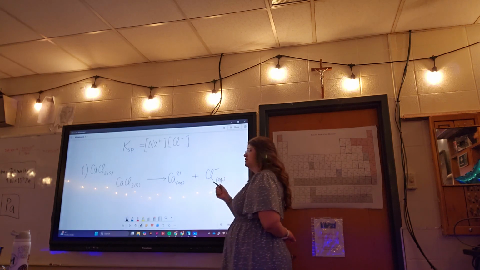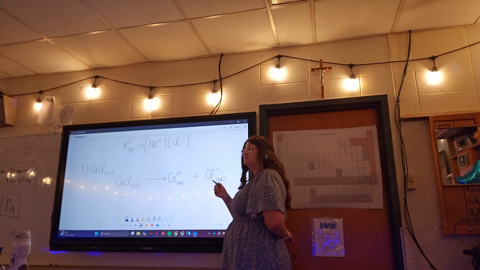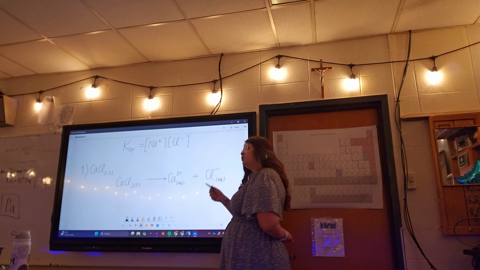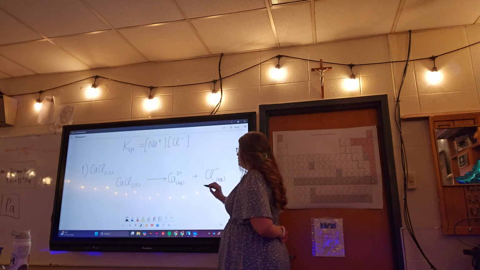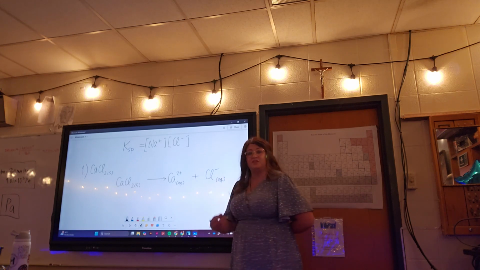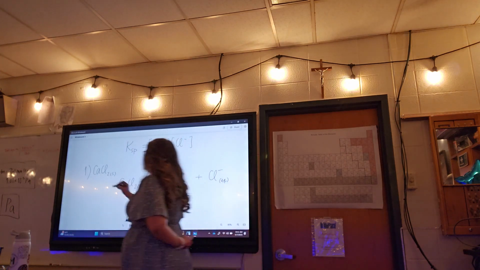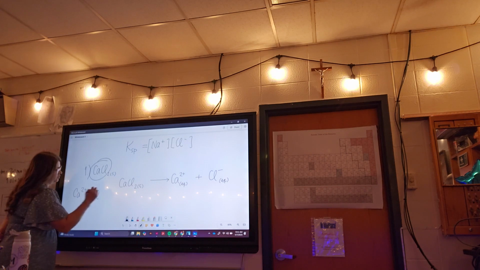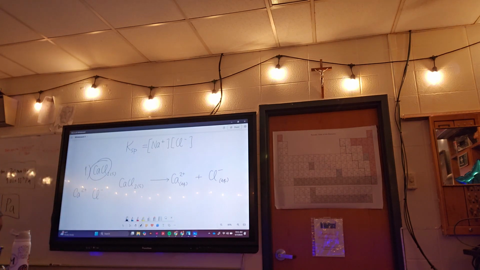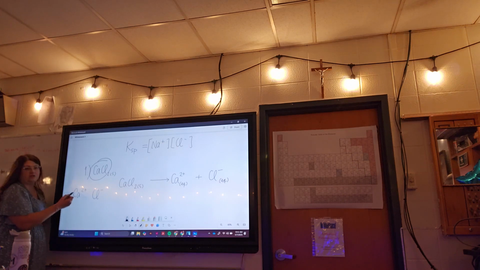Notice how I did not put the 2 down here? It's because it doesn't go there. Chlorine does not exist as Cl2 minus. How do I know that? Because this is where I have to know the chemistry. How did I get this compound's formula? Well, originally, from olden days when we learned how to write compound formulas, we start with their charges and then we think, are these two numbers the same number? No, they're not. And so we have to move this number here and this number here.